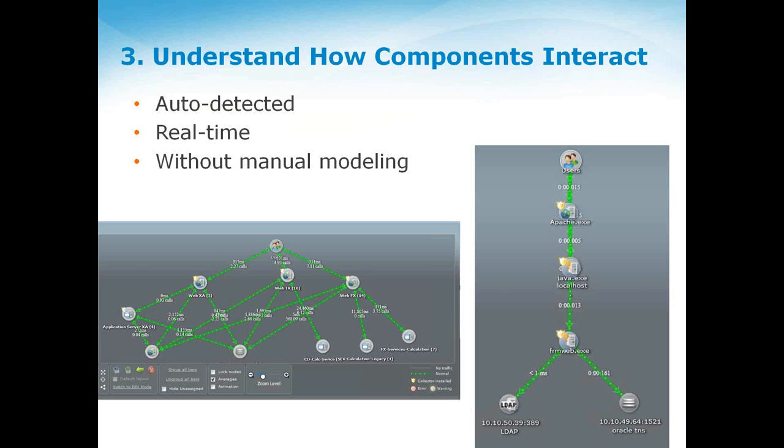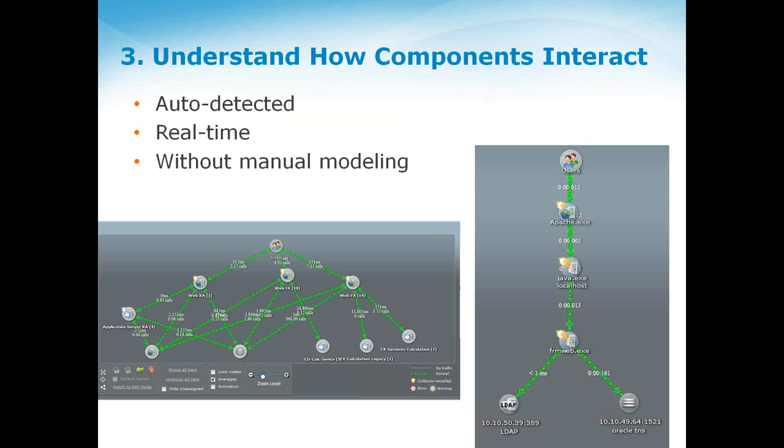Anecdotally, we hear stories from our customers: we've been in prospective customer accounts where we've auto-detected networks and application maps with all the components, and people have had a look of horror on their face when things like test systems and pre-production systems are actually being used in production environments. Having the ability to understand how your components interact and what components are integral is a really important way of monitoring, whether it's Forms or really any application out there.